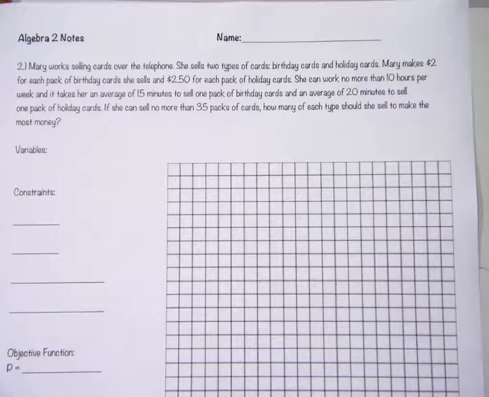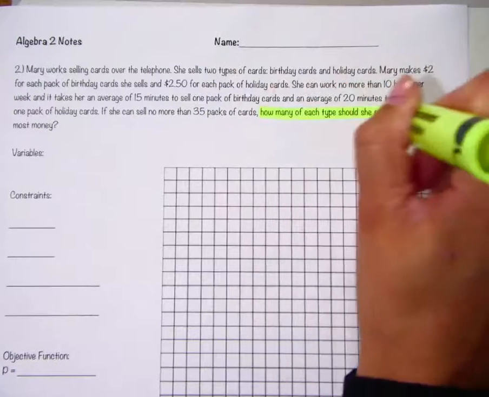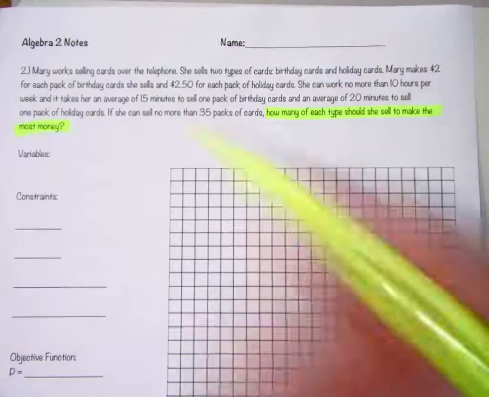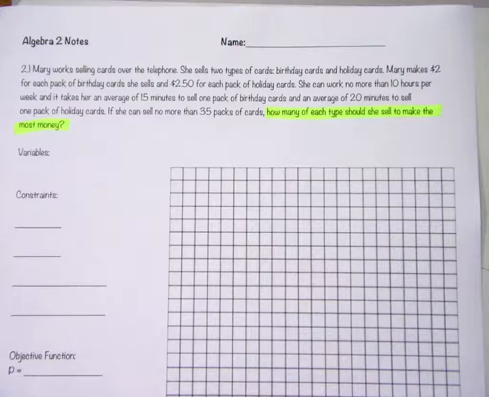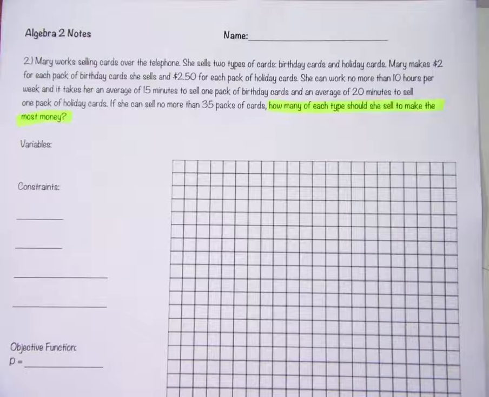Okay, so again, there's a whole lot of information in there. You're not going to digest it all at once. That's not what I'm asking you to do. That's why we're kind of splitting this up. Again, start with that last sentence. How many of each type should she sell to make the most money? That last sentence is going to tell you what you're looking for and then basically what to make your variables.